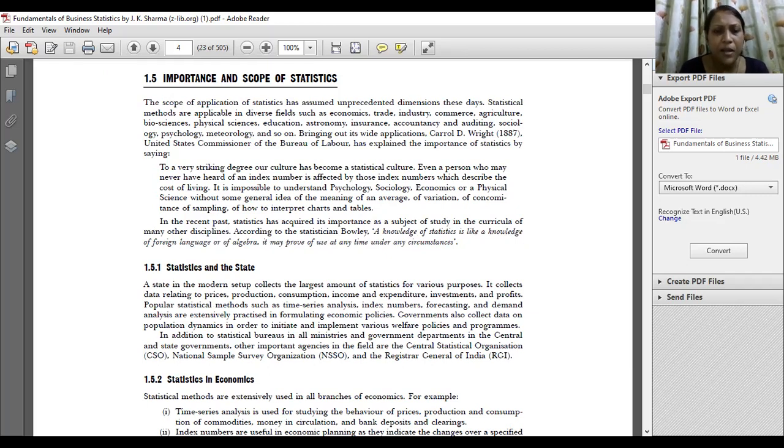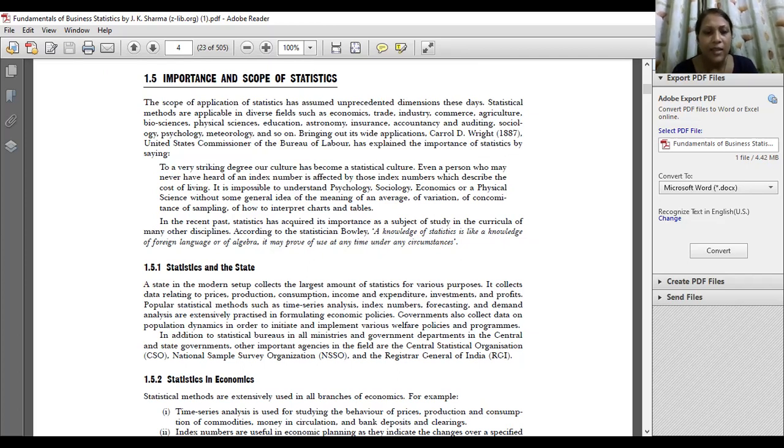In the recent past, statistics has acquired importance as a subject of study in the curricula of many other disciplines. According to the statistician Bowley, knowledge of statistics is like a knowledge of a foreign language or of algebra. It may prove of use at any time under any circumstances.